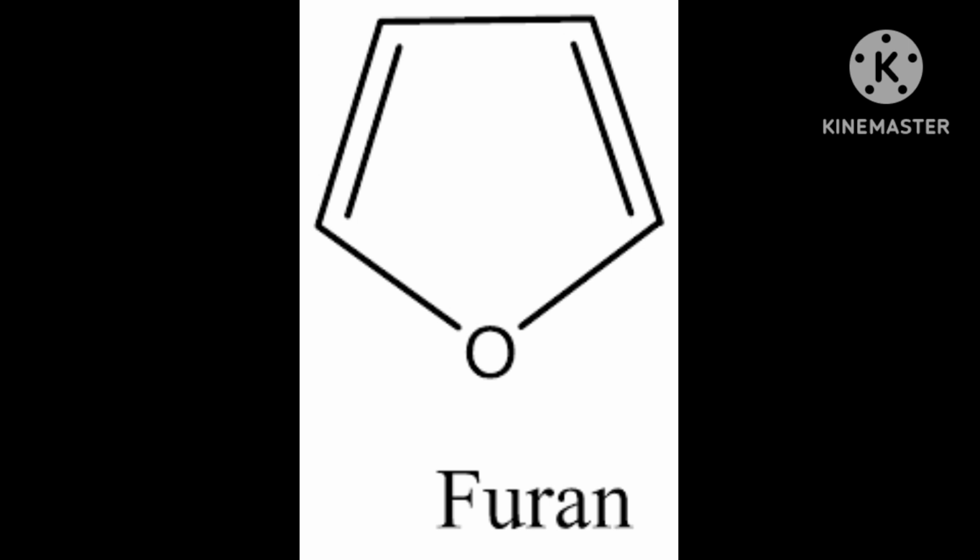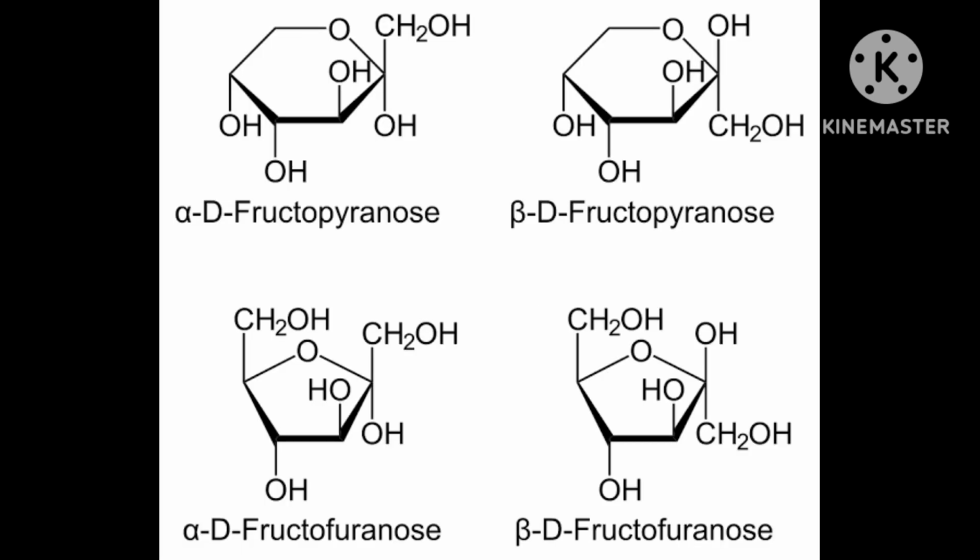Here this structure actually matches the furan structure. Correct? This cyclic structure you got for fructose is matching with the furan structure. Fructose also exists in two cyclic forms, which are obtained by addition of OH at C5 to the CO group.